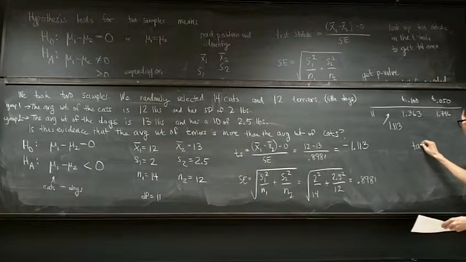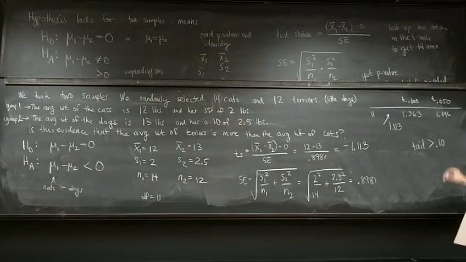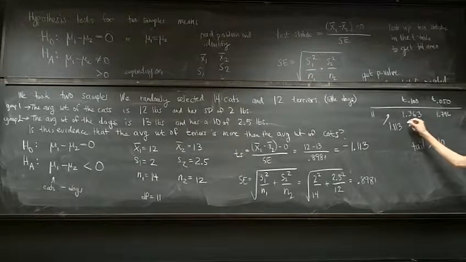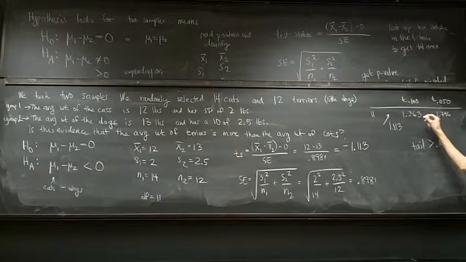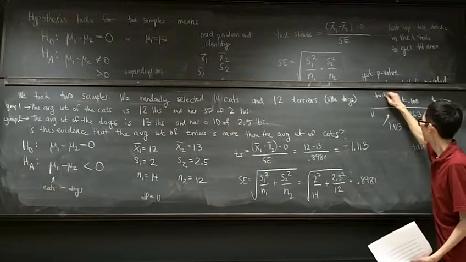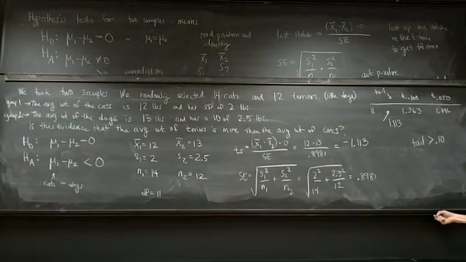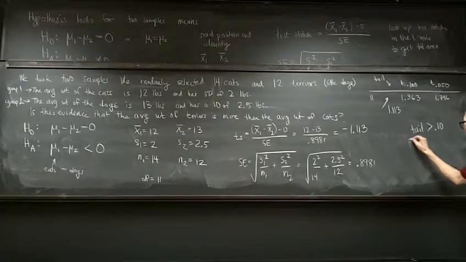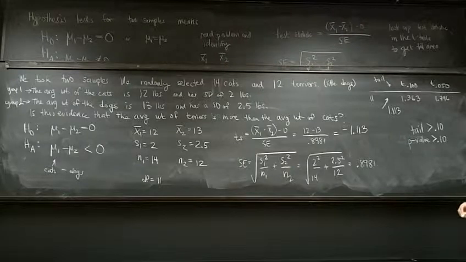My test statistic is closer to 0 than 1.363, so whatever my tail is, it's going to be more than 0.100. Do I double that or leave it for my p-value? Leave it as is. So my p-value is greater than 10%.